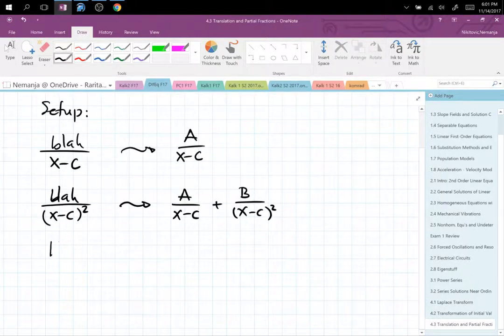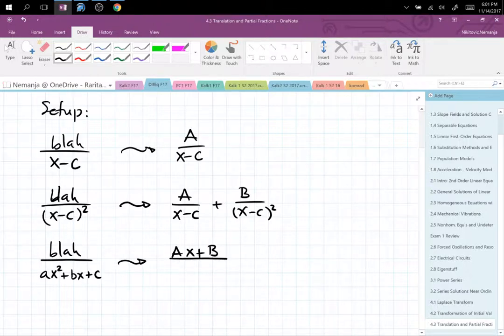And then we can have a quadratic which cannot be factored further, like x squared plus 1. You cannot factor that one, so we will just write it as the quadratic. The setup for that is Ax plus B divided by ax squared plus bx plus c.